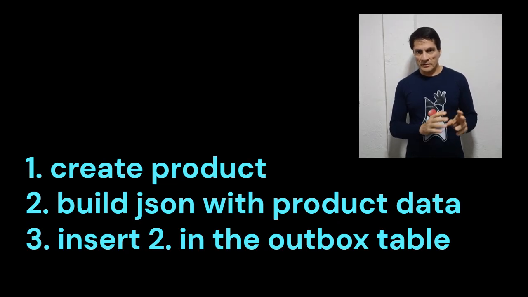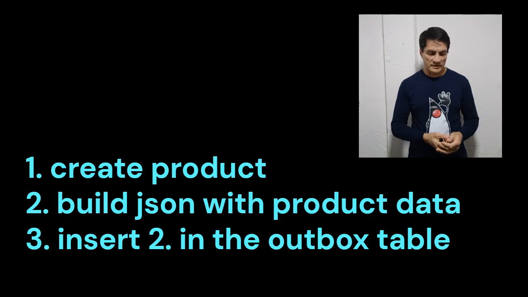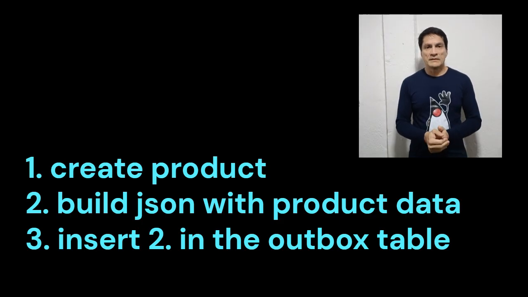When the product API records a new product, it also records a message in the Outbox table. On the other hand, we have the delivery API, which is a delivery system. Whenever a new product is recorded, a new delivery must be recorded.